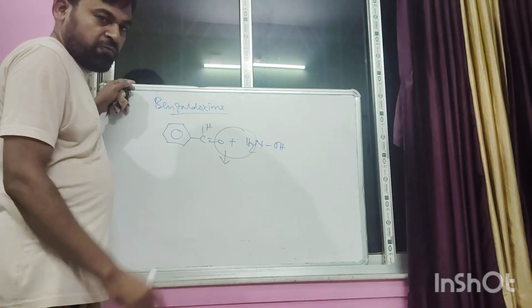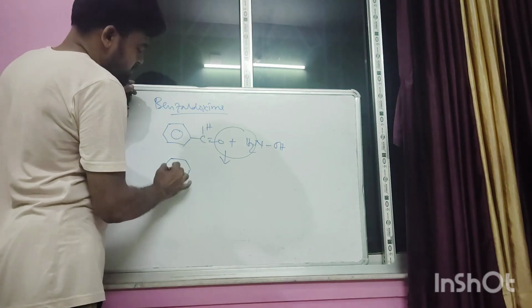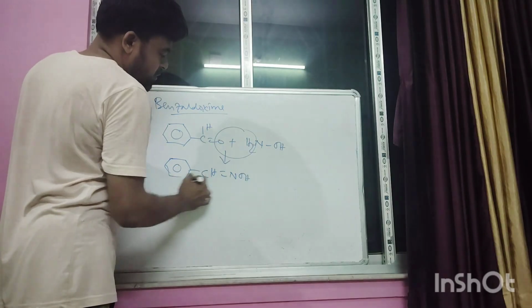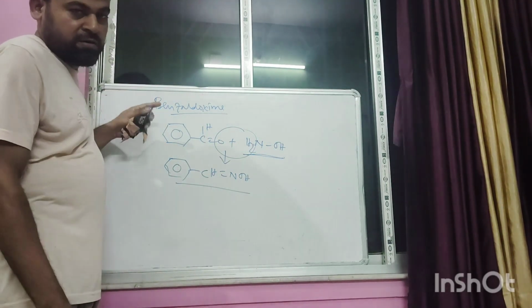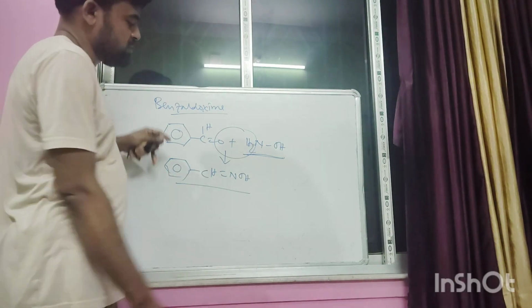It is one type of condensation reaction where H2O is released, that is benzene ring CH double bond NOH. Benzaldehyde and hydroxylamine react to release water. It is a condensation reaction and forms benzaldoxime.